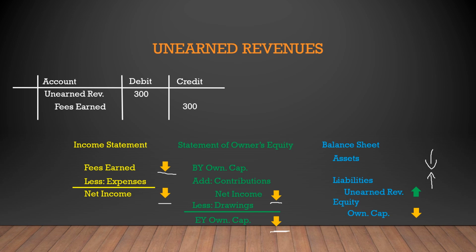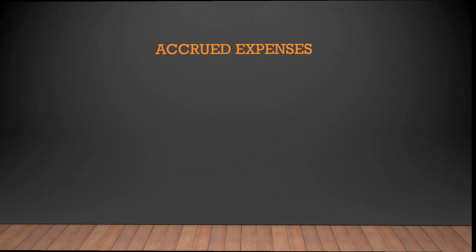If we examine this via the accounting equation, the debit to unearned revenues would have decreased liabilities, so its absence will have the opposite effect. The credit to fees earned would have increased equity, so that omission results in an understated equity.